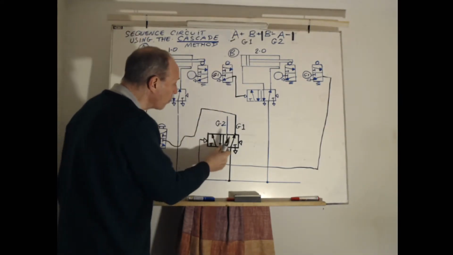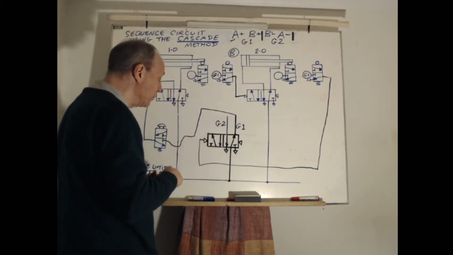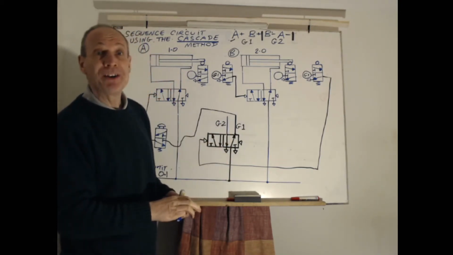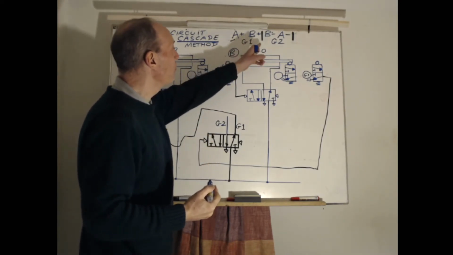It's going to go across and also bring the air directly from the manifold out of G2. So G2 is now live and G1 is dead. So at this point G2 is going to take up from the point where it stopped.